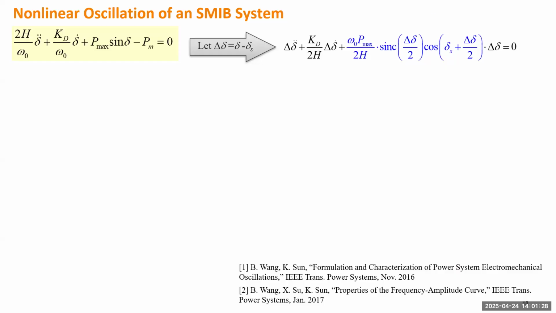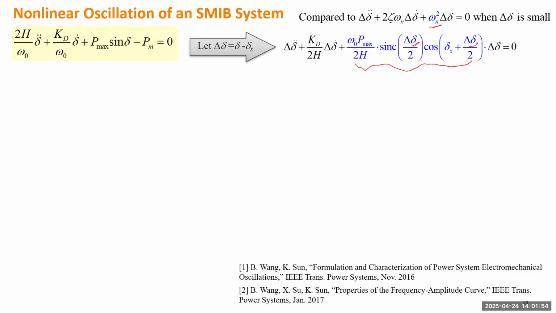It looks complex, but if you compare this one to the harmonic oscillator equation, you can tell this whole bunch is basically similar to that frequency. But because this entire coefficient is not constant, it depends on the angle deviation.